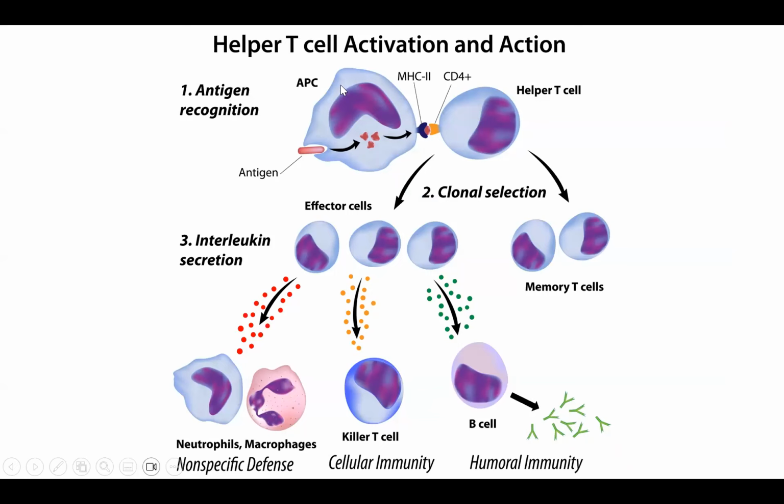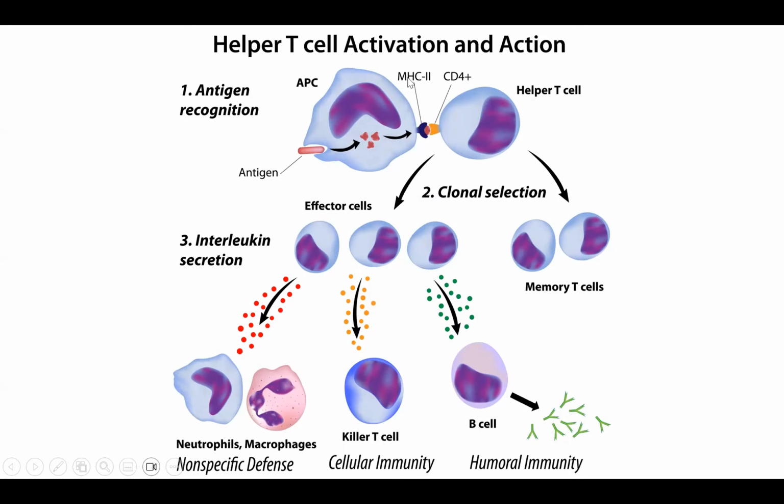All right, so your APC will have an MHC2 receptor. So what happens is the APC brings in the antigen, some sort of protein from bacteria or a virus or whatever, it doesn't matter, or a protein that's created or presented through an inoculation, and it presents itself on the MHC2.